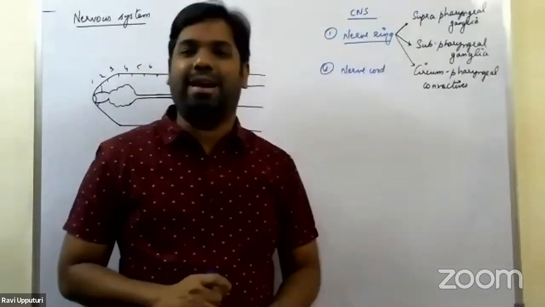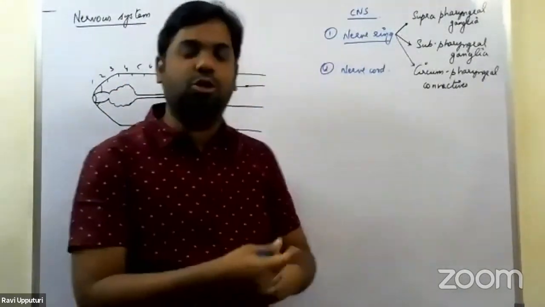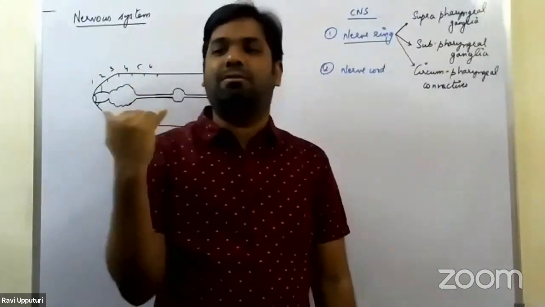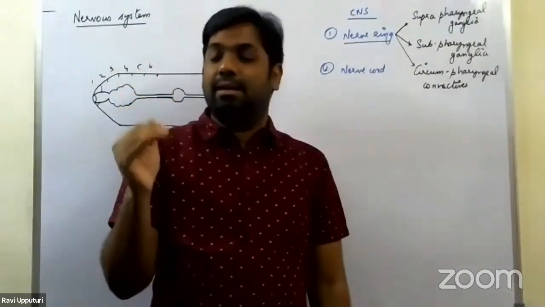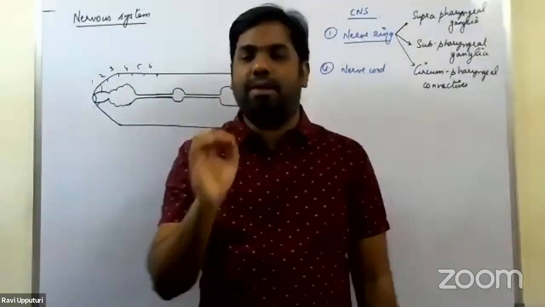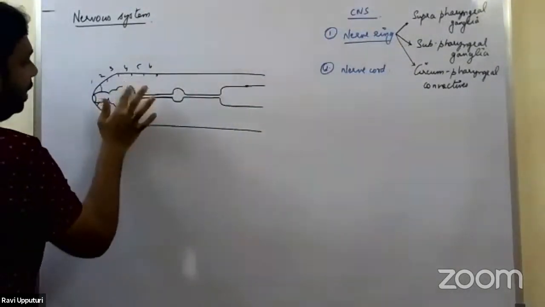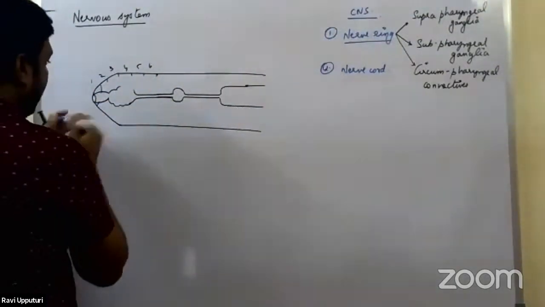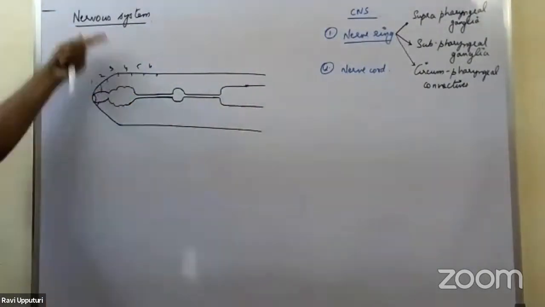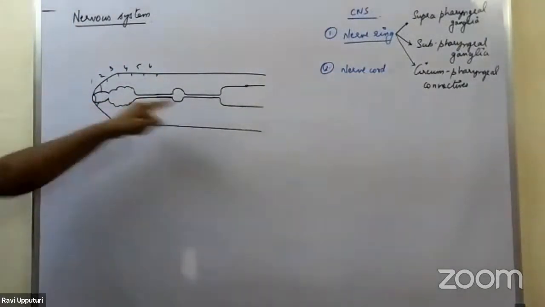Now, what is the suprapharyngeal ganglia? The ganglia that is present right above the pharynx. Supra refers to above. The ganglia present right above the pharynx region, we call the suprapharyngeal ganglia. This is the pharynx from the lateral view.